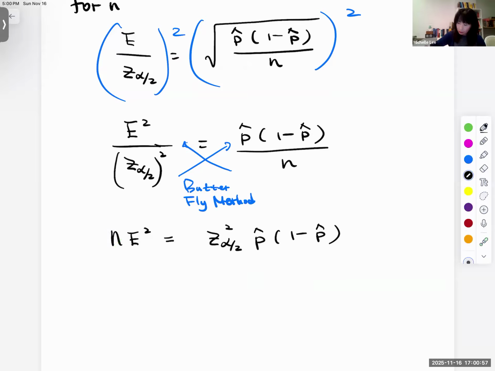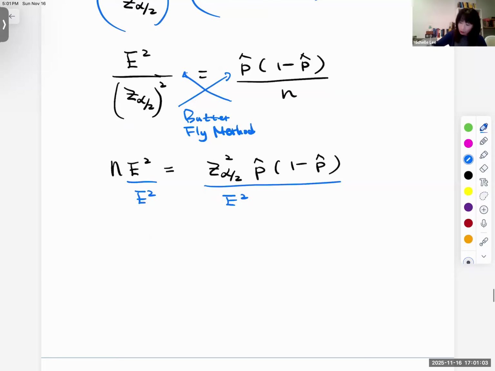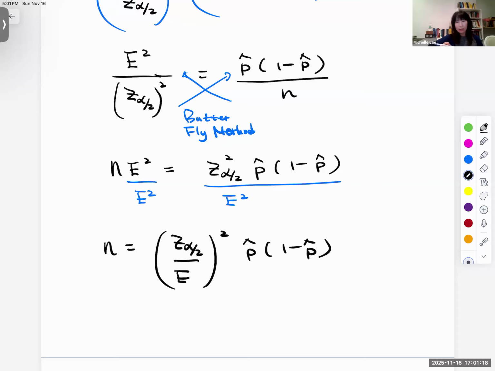Done, right? So E squared over E squared. So we have n equal to z sub alpha over 2, squared, over E to the second power, times p hat, 1 minus p hat. That's how they got it.